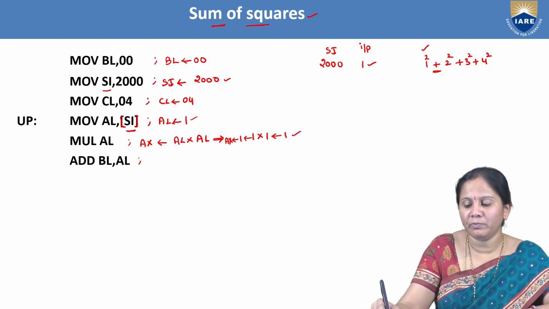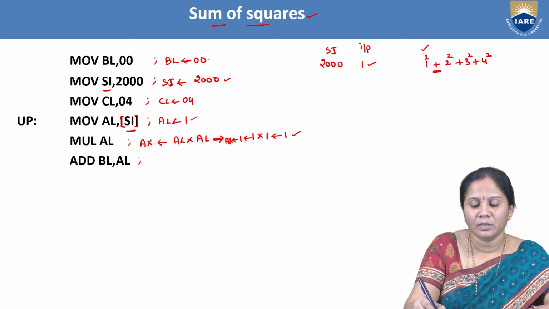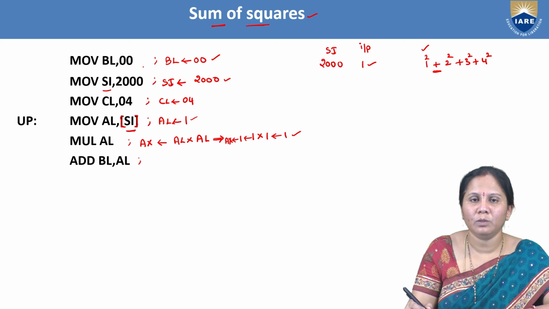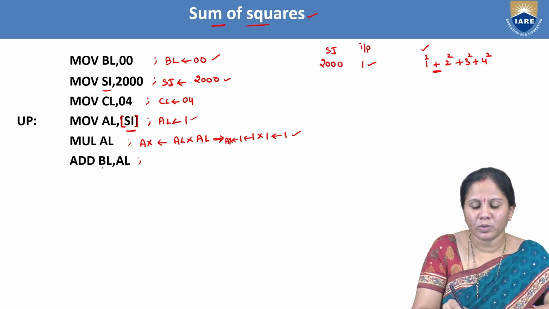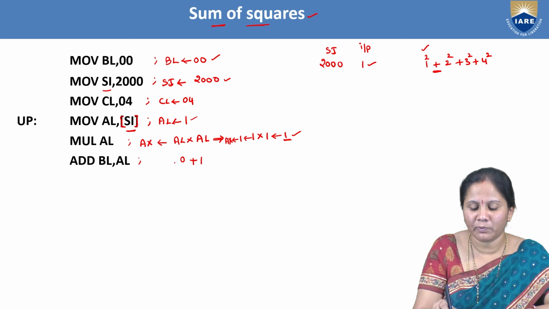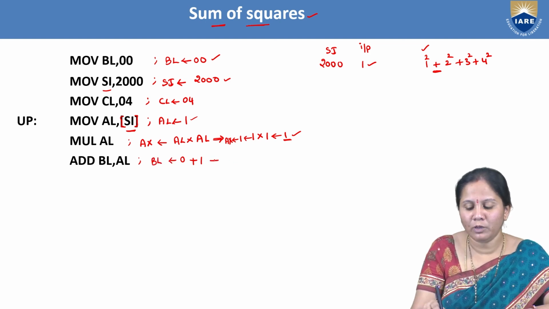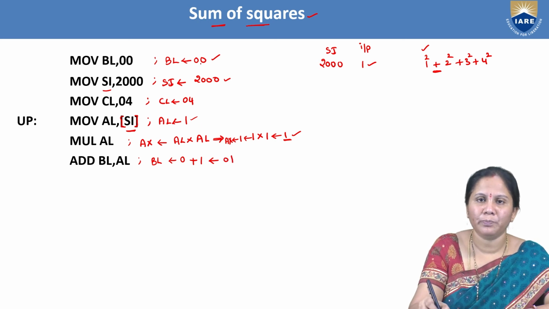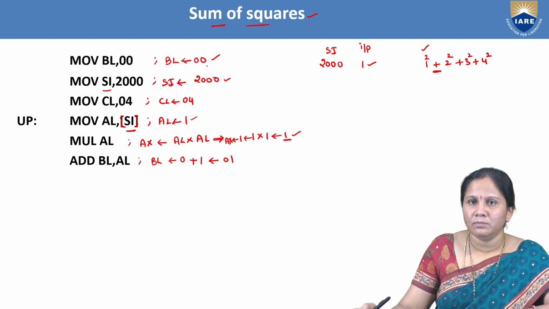That is why we have to move the 00 value into the BL register. So ADD BL, AL means the value of BL is 0 and the value of AL is 1. Addition operation is performed and the result will be stored in BL. So the value of BL is 01, not 00.